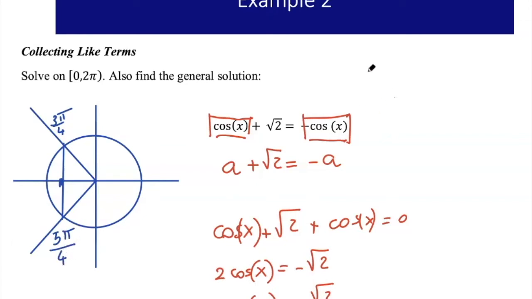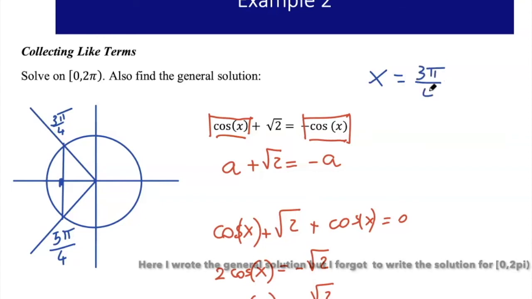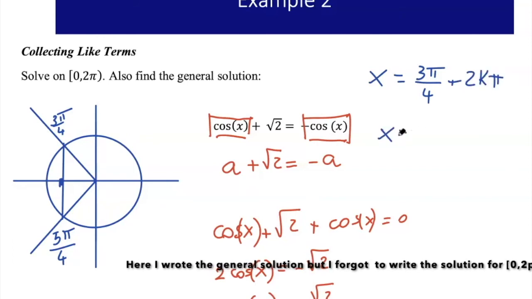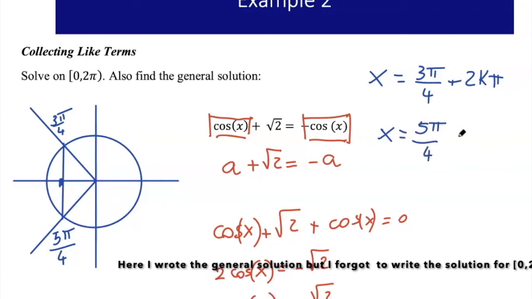So my solution will be x equals 3 pi over 4 plus 2k pi, or 2 pi n, and x equals 5 pi over 4 plus 2k pi.